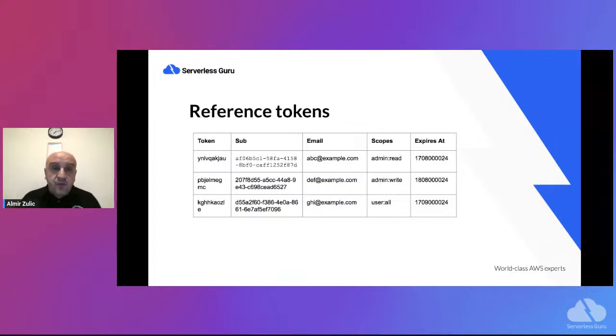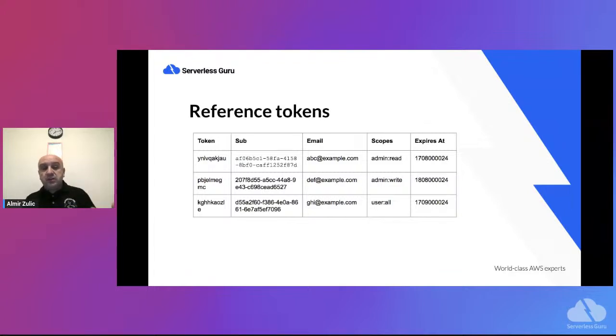A different type of token is, sorry, self-encoded tokens. Self-encoded tokens actually contain some information within the token. That means those tokens are encoded, not encrypted. They are encoded, and that means they can be decoded by the application.